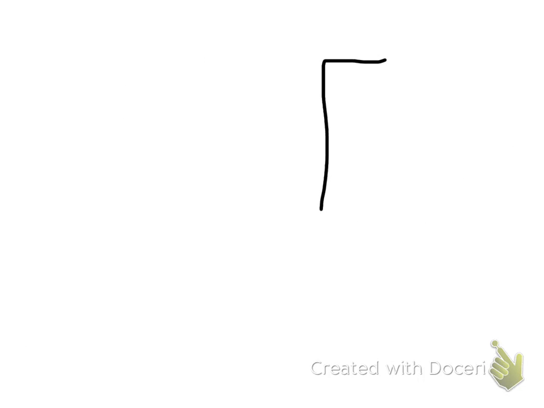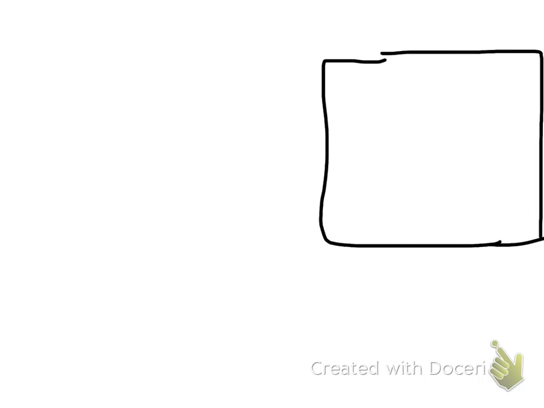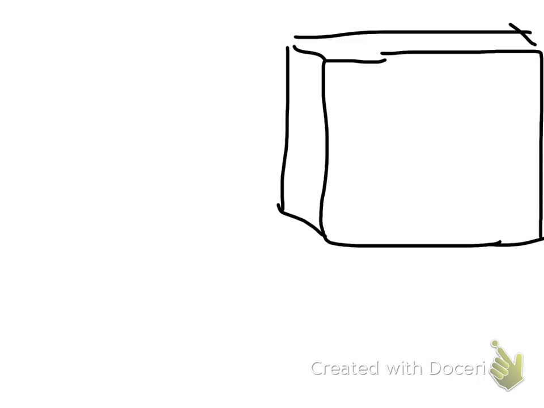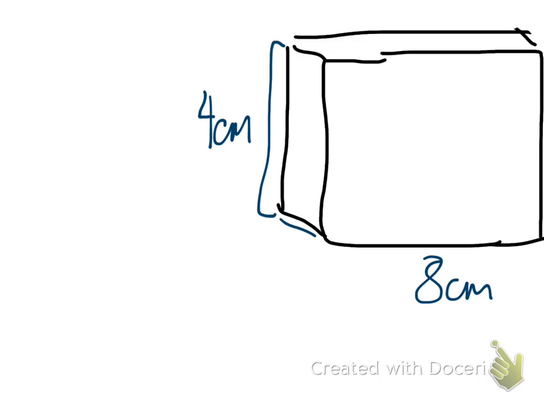So let's look at an example of what the definition looks like. If you have a three-dimensional figure, we have here a rectangular prism. If I were to fill my rectangular prism, we'll first give it dimensions: 4 centimeters tall, 8 centimeters long, and 5 centimeters deep.